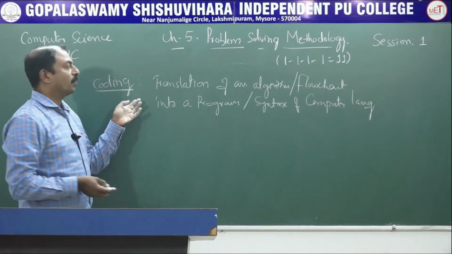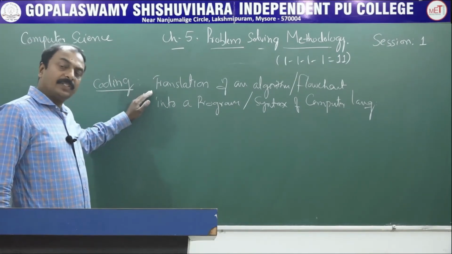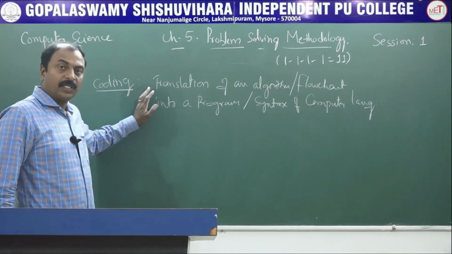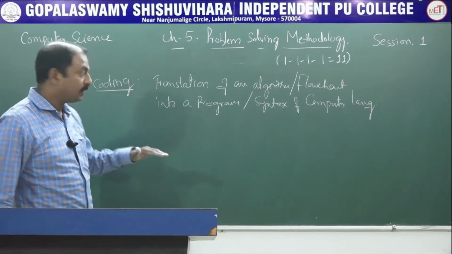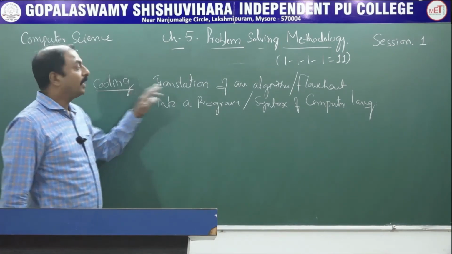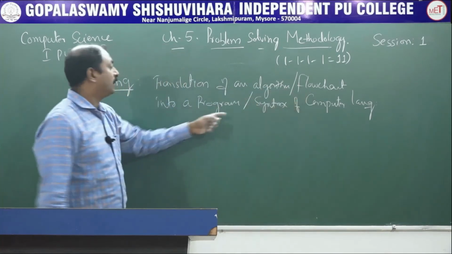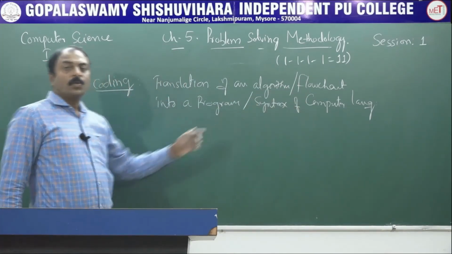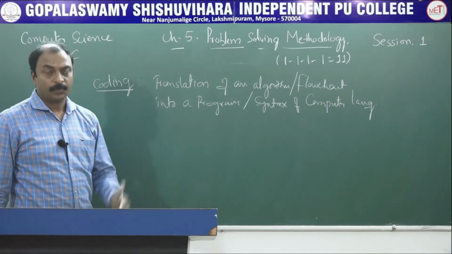So students, what is coding here? In the previous step, it is design of a solution. That is, we write an algorithm or flowchart. And the next step is coding. Coding is nothing but translation of an algorithm or flowchart into a computer program. By looking at an algorithm or flowchart, we have to write a computer program.